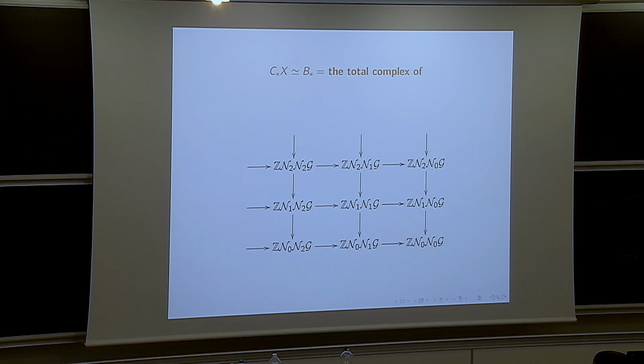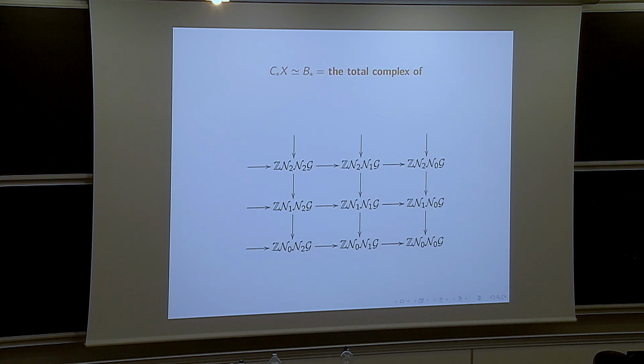If you look at, say, the right-hand column, it is just got from, I take the nerve of the group N0G. And then I take its chain complex, and I get a chain complex there. And then the second column, I take the nerve of N1G, get a chain complex, and I get a bicomplex, but a rather large one.